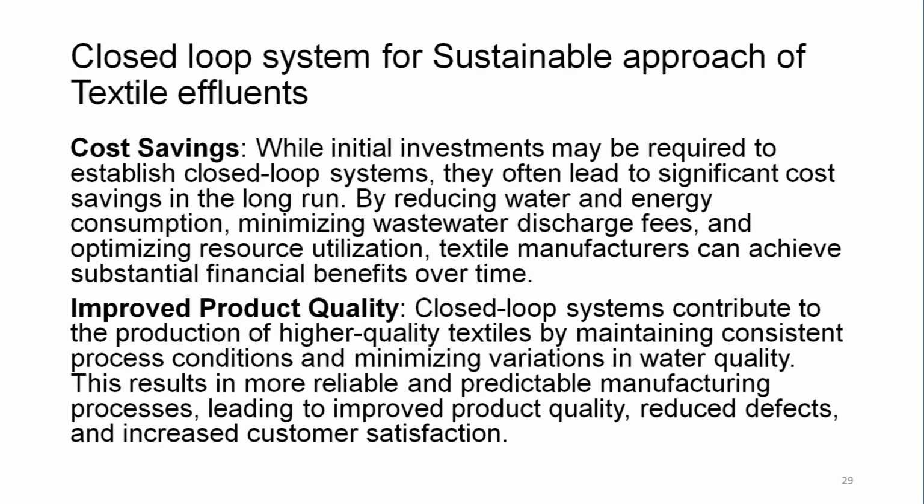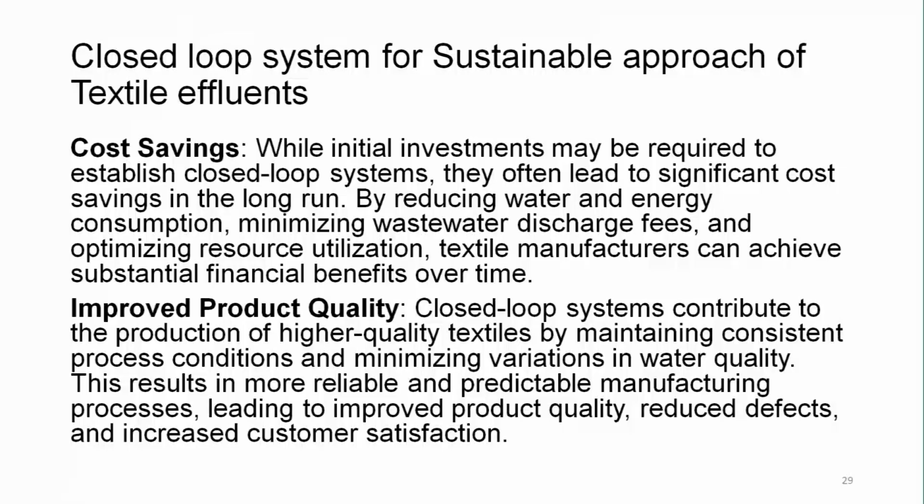Improved product quality. Closed loop systems contribute to the production of high quality textiles by maintaining consistent process conditions and minimizing variation in water quality. So, there is always one type of water that is being used. There is no change, because that is where minimizing the variation in water quality takes place.